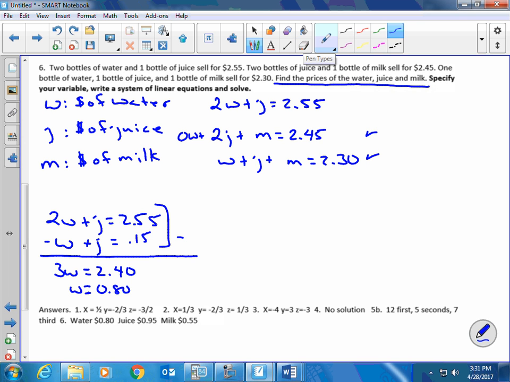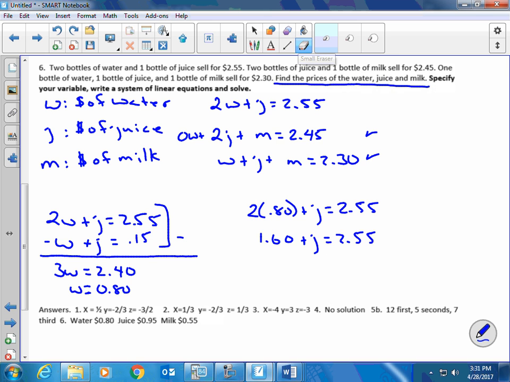Let's go back to the top equation. 2 times w plus juice, or j, equals $2.55. This becomes $1.60. Subtract, and we get 95 cents. Last equation.